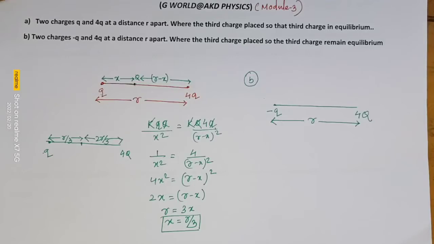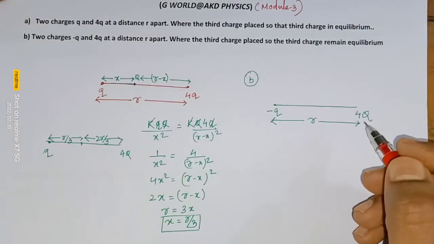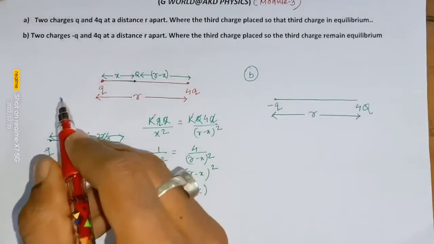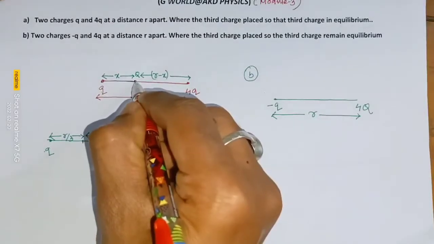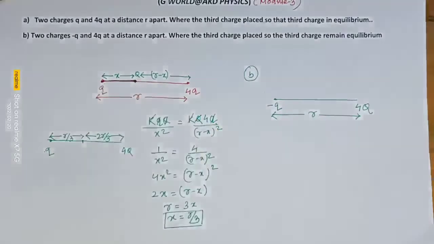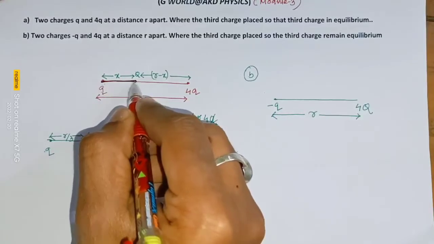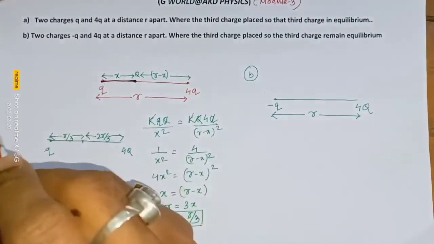Where should I place the third charge so that it is in equilibrium? If you observe carefully in these questions, the equilibrium point always comes nearest to the smaller charge. The equilibrium point came at r by 3, exactly nearest to the smaller charge.